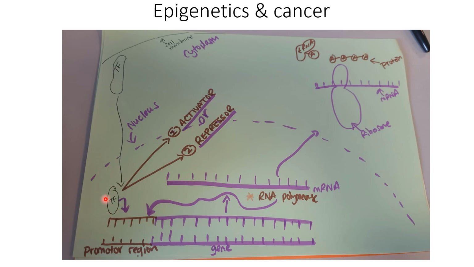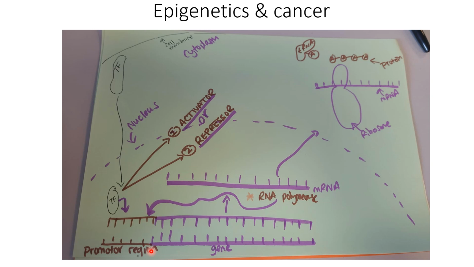The transcription factor will find a gene, find a DNA, and that DNA has to be accessible. Therefore, the transcription factor can bind to the promoter region, and that will cause the RNA polymerase to bind to the promoter region and initiate transcription. So the key message here is the transcription factor must bind to the promoter region, which means the DNA has to be accessible.